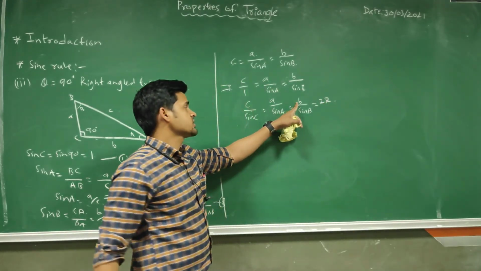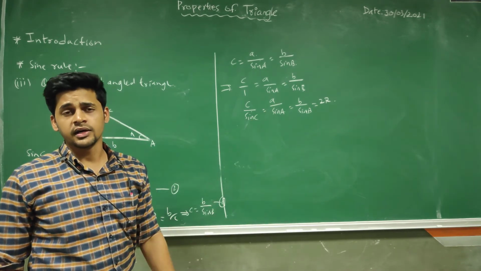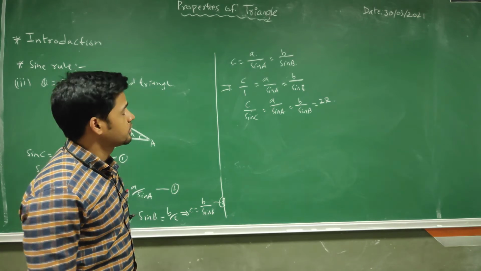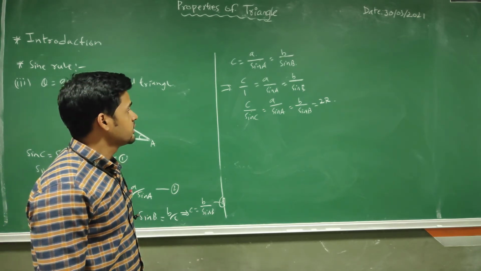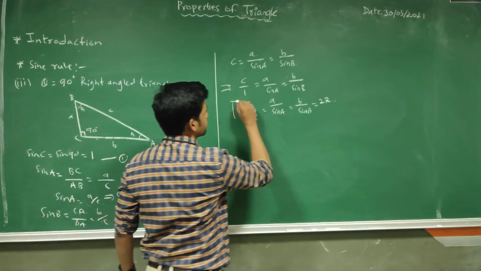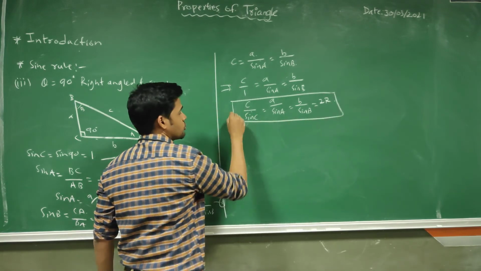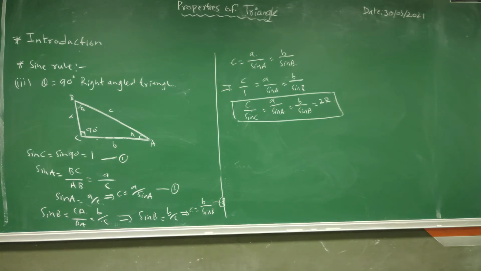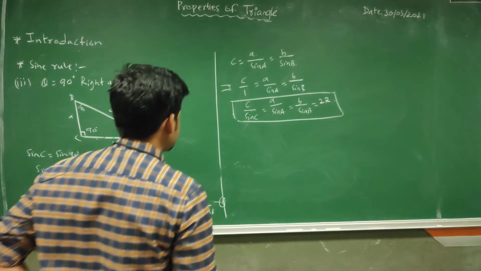That is, if suppose the sides A, B, C are the diameter of the circle. So this is actually the sine rule. You may note down. This is the sine rule.